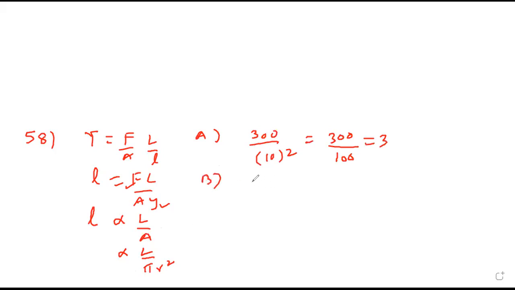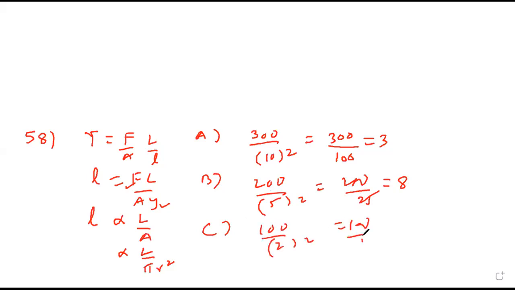In B, 200 upon 5 square, 200 upon 25 will become 8. C, 100 upon 2 square, 100 upon 4, which is 25. D, 50 upon 0.5 square, 0.5 is half, so this will become 50 upon 1 by 4 equals 200. So in which case will we have maximum extension? D. D is the answer.